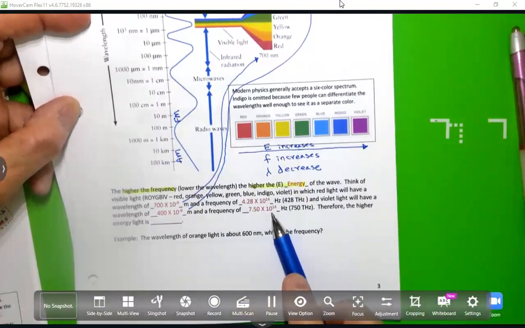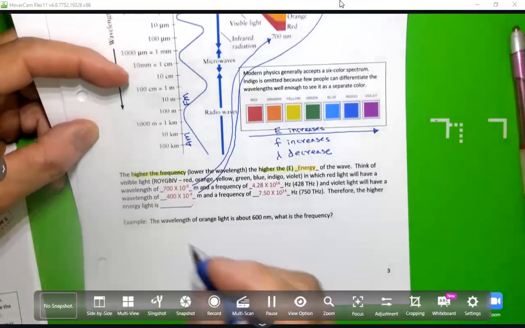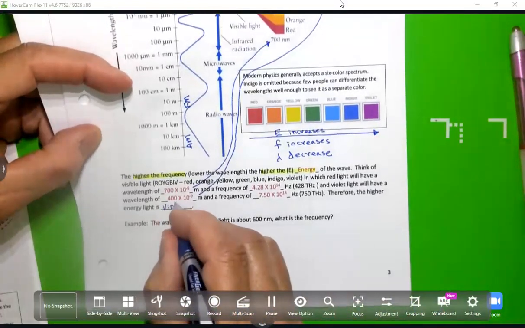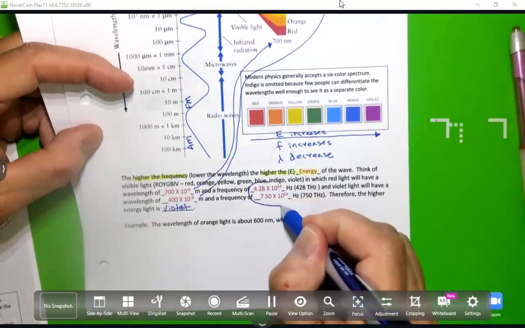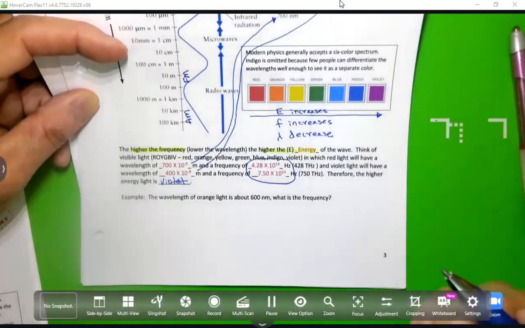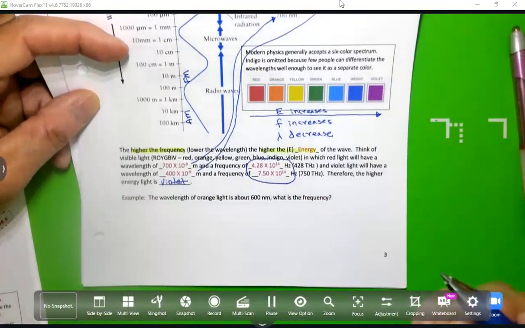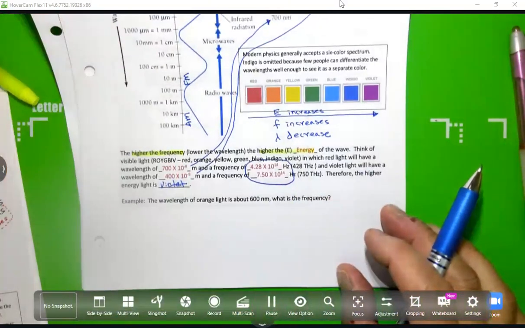Therefore, the higher energy light is violet, right? All you have to do is compare the two frequencies. Violet light is higher. Okay.